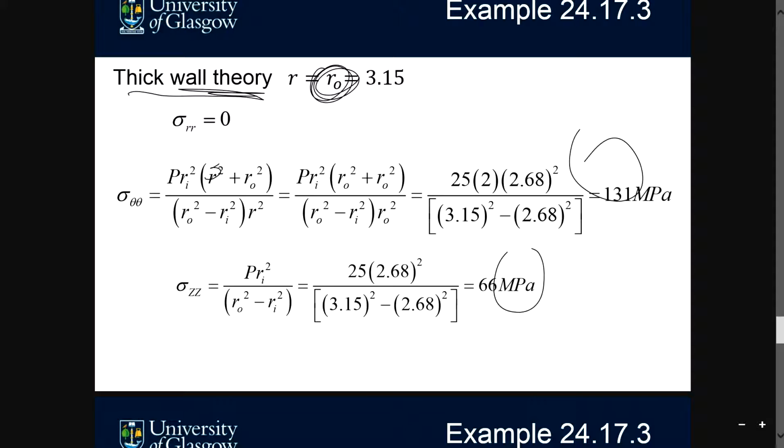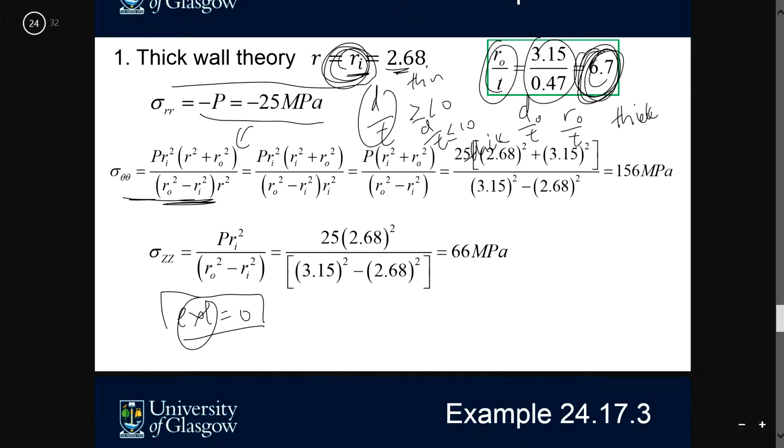It's simply subbing in. But make sure that when you see r square over here, you sub in r out. If it's r square in terms of the inner radius, then you sub in ri square. So r square will become ri square. This is something that you need to take note of.